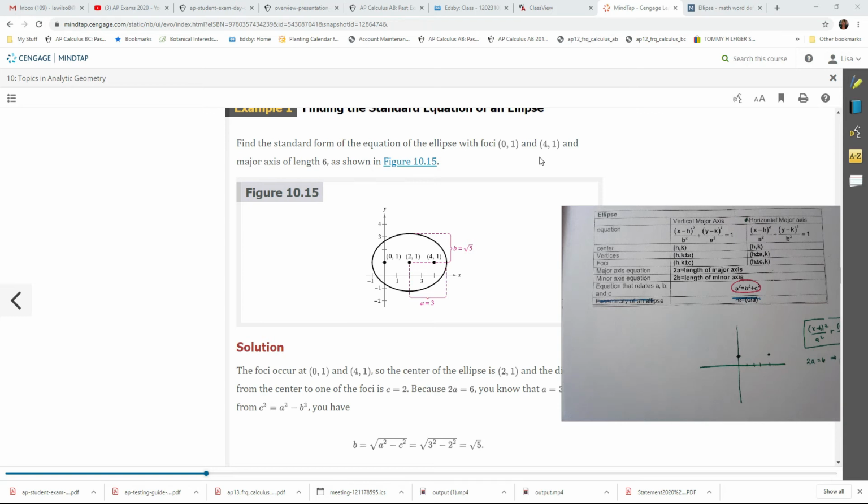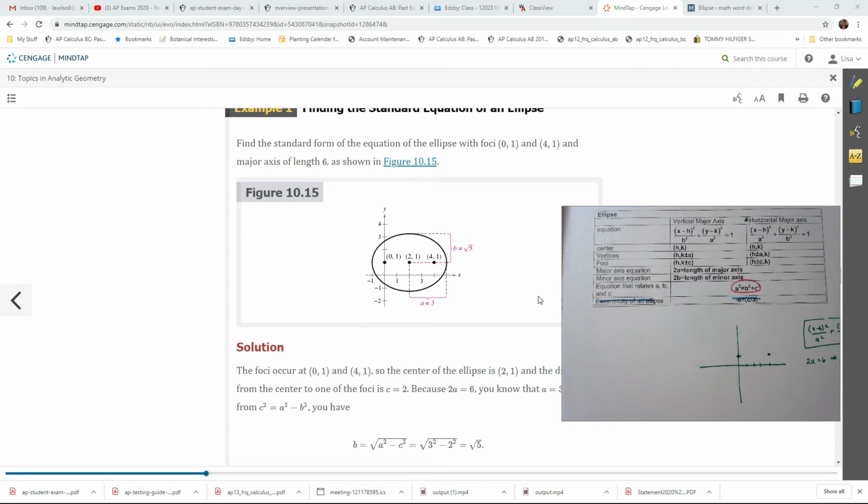But remember what a is: a is the distance from the center to a vertex. Well, I don't even know what my center is. But that's easy. If this is a focus and this is a focus, the center has to be right in between, the midpoint between those two.